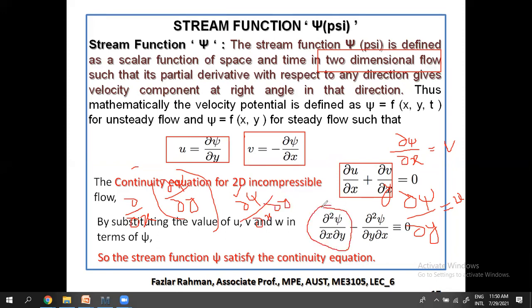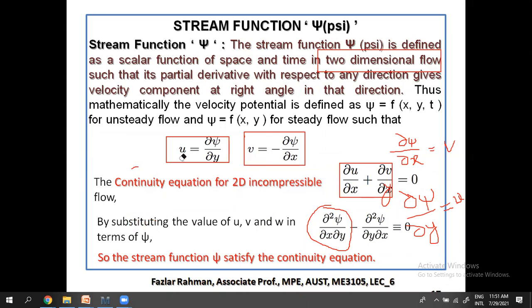Now similarly, you substitute the other term. That will be del square psi by del y del x. You see both are the same. So if you are not considering the minus over here, then the continuity equation will not be satisfied, because it will be a plus sign over here. So that's why in the definition of v, they put a negative sign.